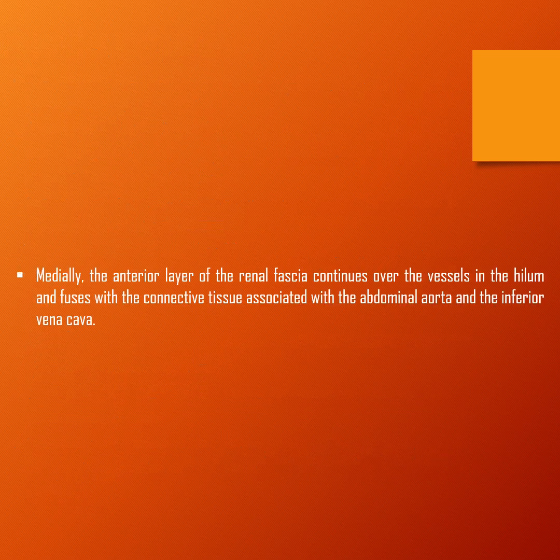Medially, the anterior layer of the renal fascia continues over the vessels in the hilum and fuses with connective tissue associated with the abdominal aorta and the inferior vena cava.